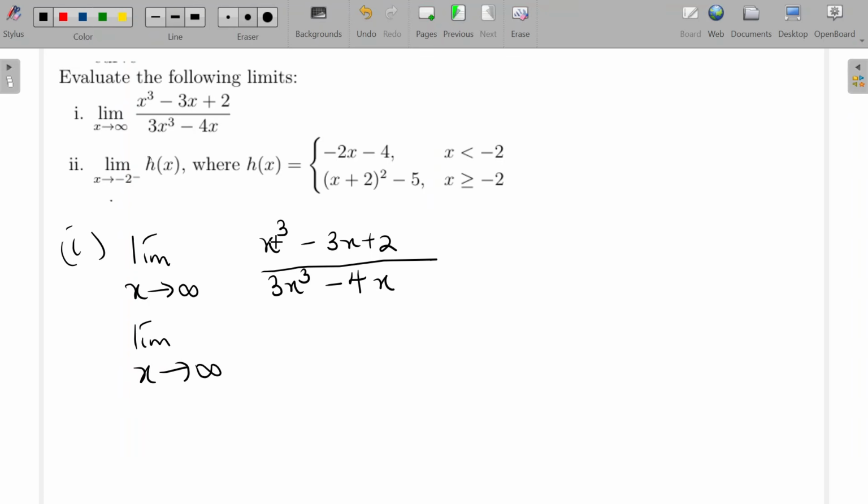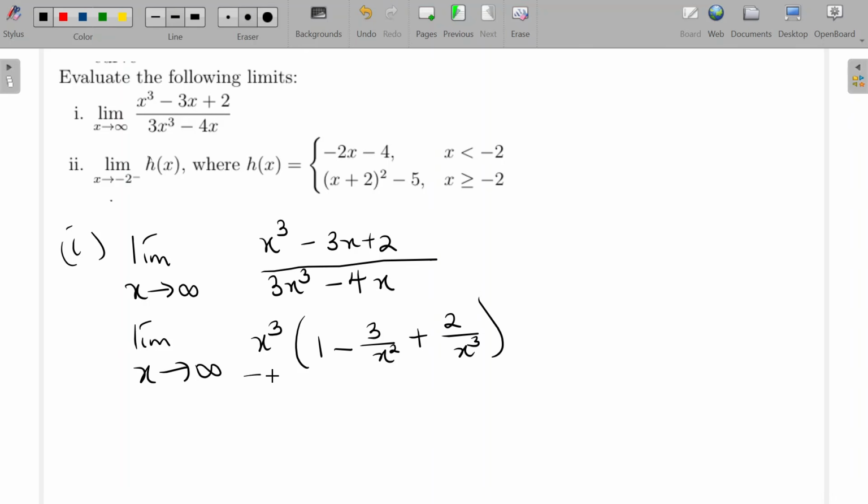You're going to divide out the highest degree. In this case, it is x to the power what? x to the power 3. So you divide it out, then you're going to have 1 minus 3 over x to the power 2. Then this one is going to be plus 2 over x to the power 3 on top.